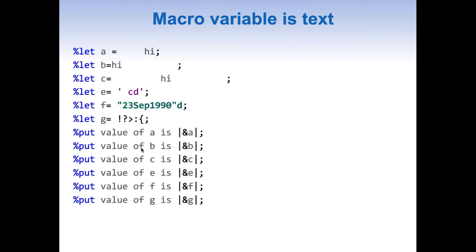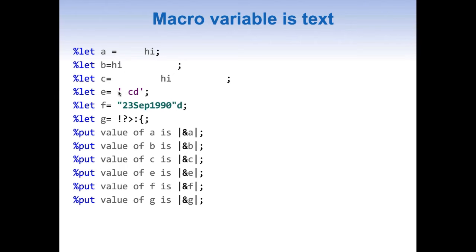Now let us take it further. I have some examples of %let statements and also have my %puts in here. Another important point to remember from the %let statement is that whenever you have space in front of text or after the text, it is not stored in your macro variable.